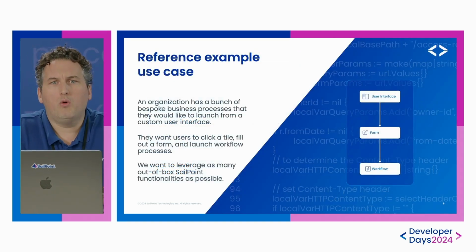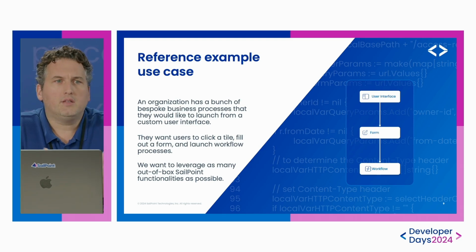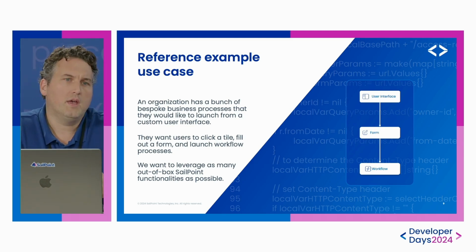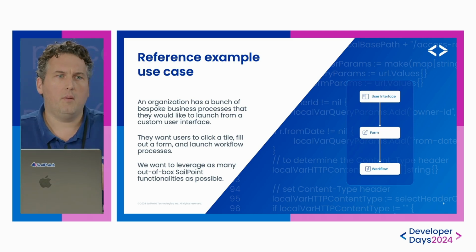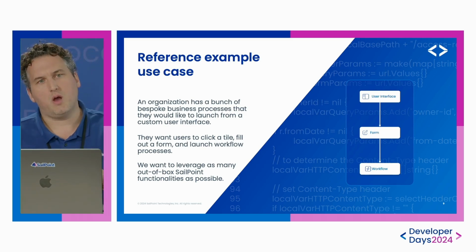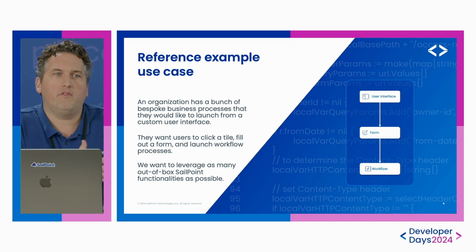So let's talk about really what we're building here. Our reference example use case is that we have an organization that has a bunch of bespoke business processes, and they want to extend those bespoke business processes out into some sort of interface.